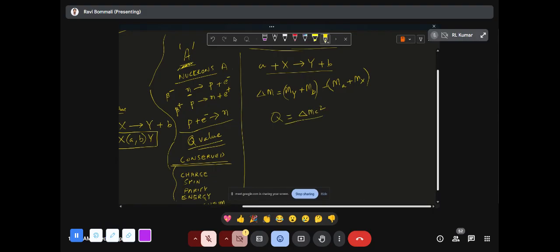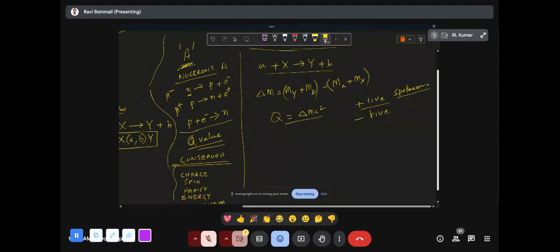So if Q value is positive, it means that reaction is spontaneously possible. Q positive means it should be spontaneous. Not always, but yes, we'll talk about the exceptions also.